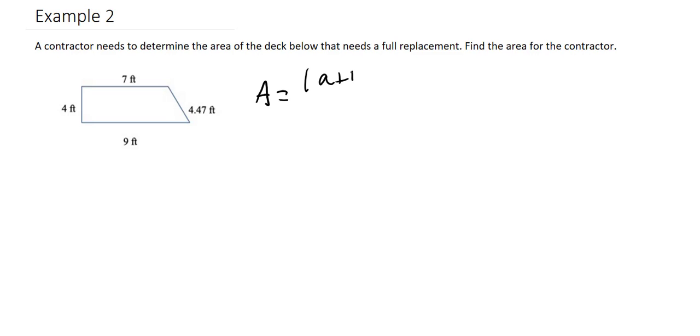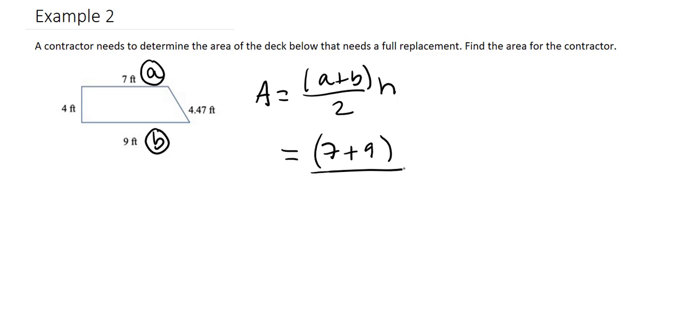So we have (A plus B) over 2 times H. Well, we can call this our A and this our B. So we have 7 plus 9 divided by 2. And then what's our height? Well, our height is this distance between these two, and so it would be 4. So we put 4. And this is information we don't care about.